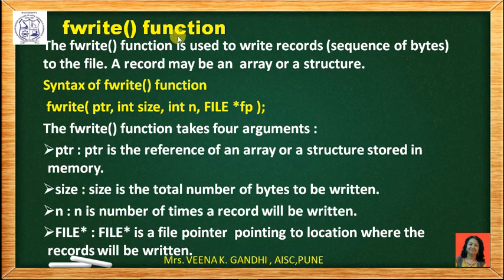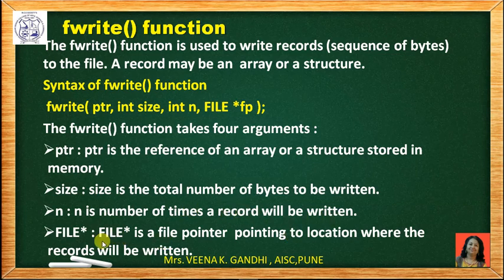The fwrite function. This function is used to write records, or you can say a sequence of bytes, to the file. A record may be an array or a structure. Same as the fread function, fwrite also accepts 4 parameters. The first argument is the pointer, the reference of an array or structure stored in memory. Second, size, which indicates the total number of bytes to be written. Next, n, the number of times the record will be written.